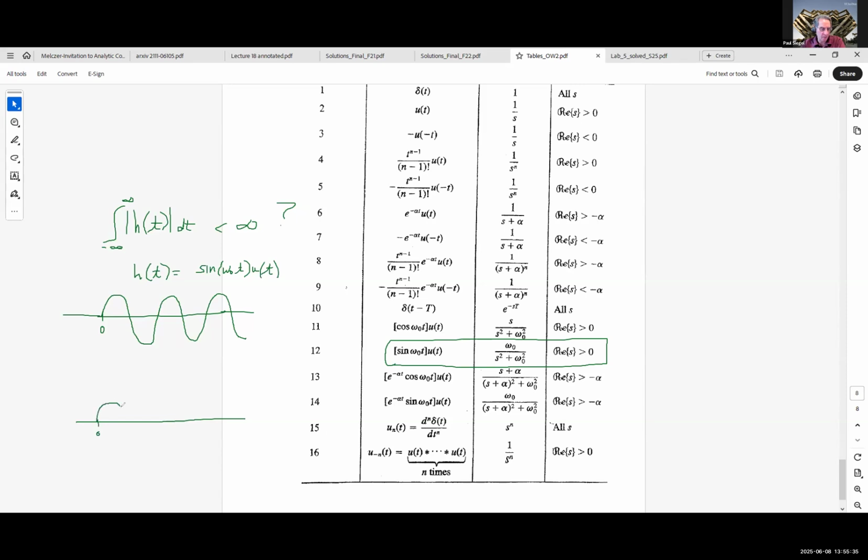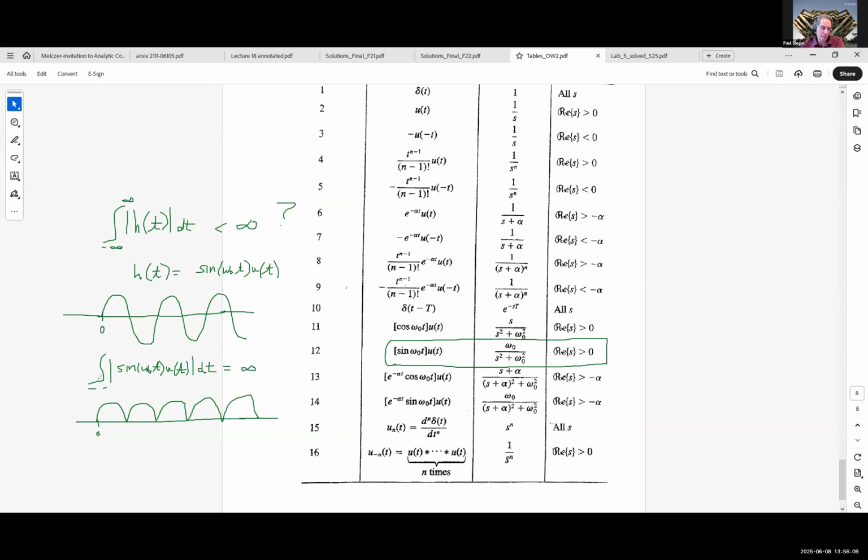It's going to look like this. And if I take the integral of that, that's going to blow up. So in this case, the integral of the magnitude of sine omega naught t u of t is not going to be a finite number. That's going to turn out to be infinite.